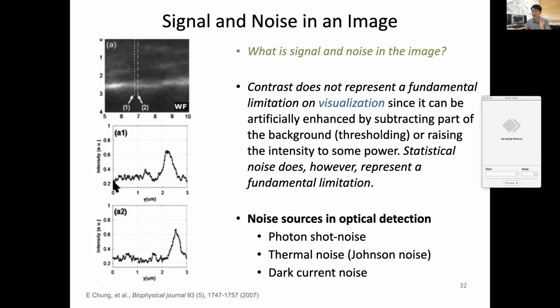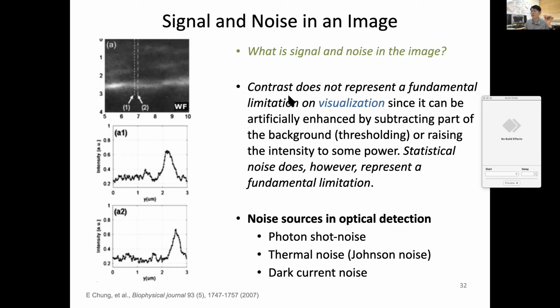Or in this image, you can just subtract digitally from 0 to here, okay? This way, you can relatively increase contrast, or thresholding, or ranging intensity. You can even increase the power of light to increase the contrast.